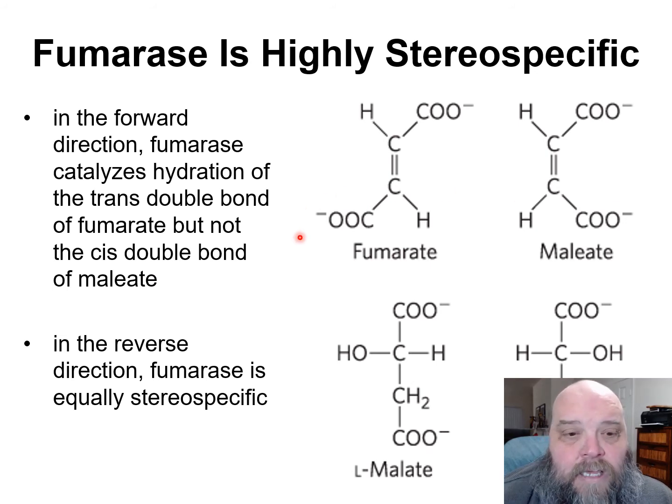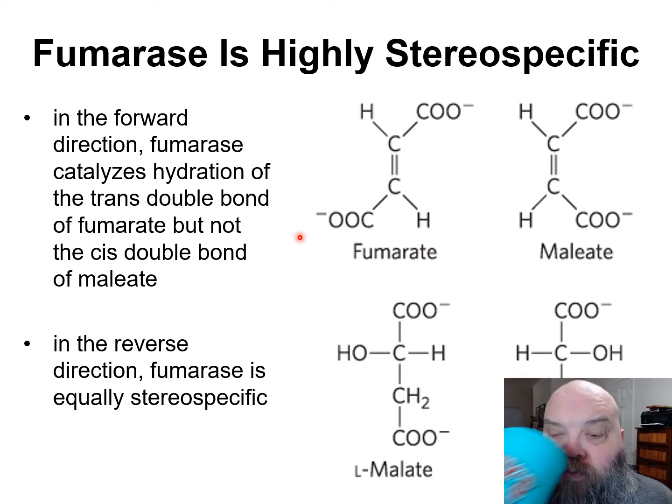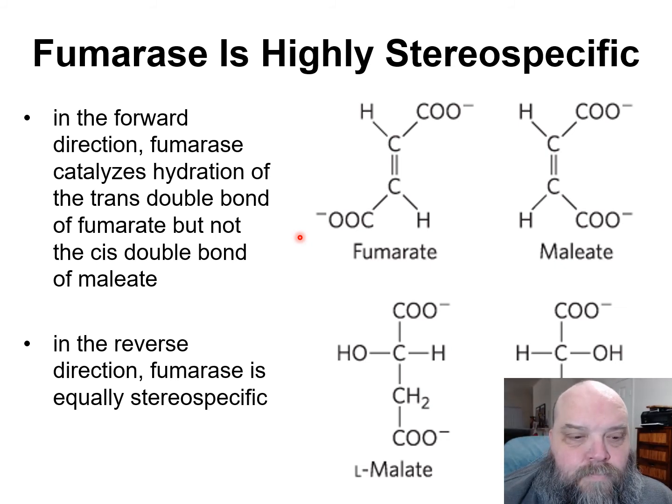What's interesting is, since you've got that double bond there, cis-trans comes into play. You either have fumarate or you have malate. Same thing once you have the malate. Which direction is the hydroxyl pointing?